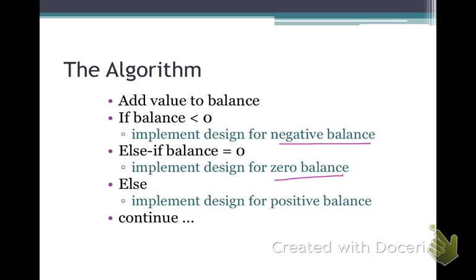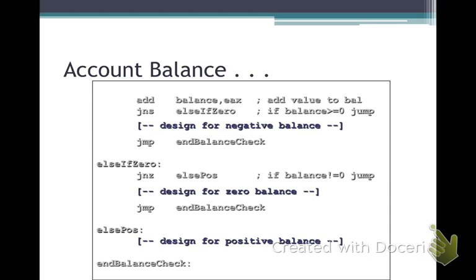Otherwise, if both of these fail, we will implement the design for a positive balance. If I have a negative balance, I'm going to have an insufficient check fee. With a 0 balance, maybe I get a notice. Positive balance, probably nothing. It's going to be just fine.